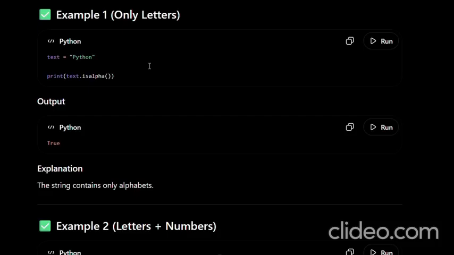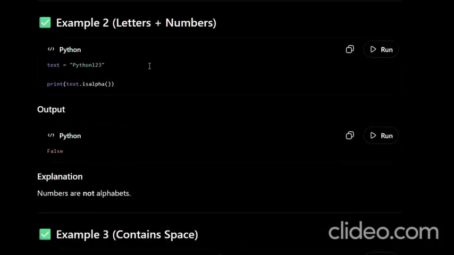The next example is of letters plus numbers. This is the string given here: text equals Python 123. As you can see, we have alphabetic as well as numeric characters, so it should return false.